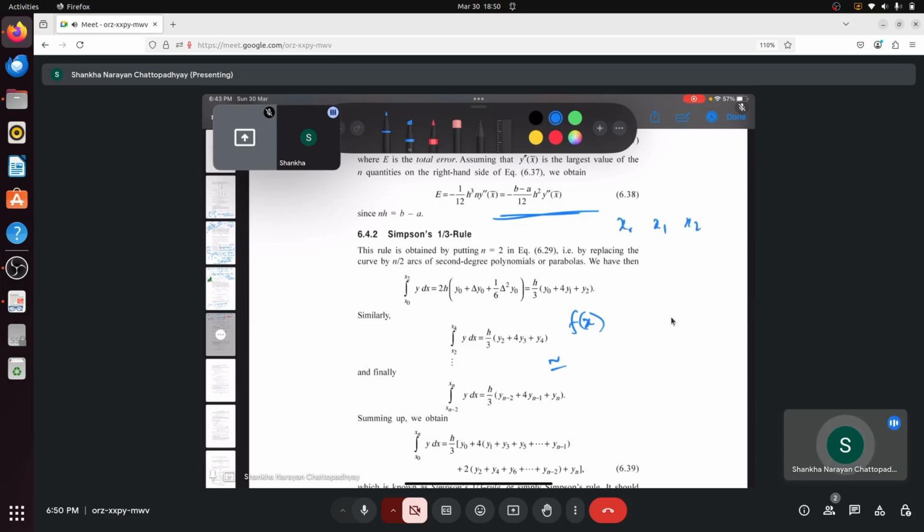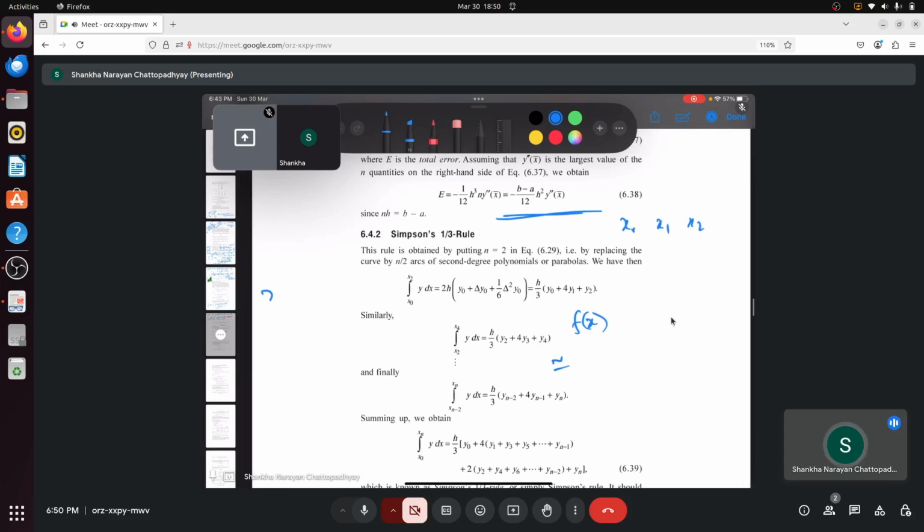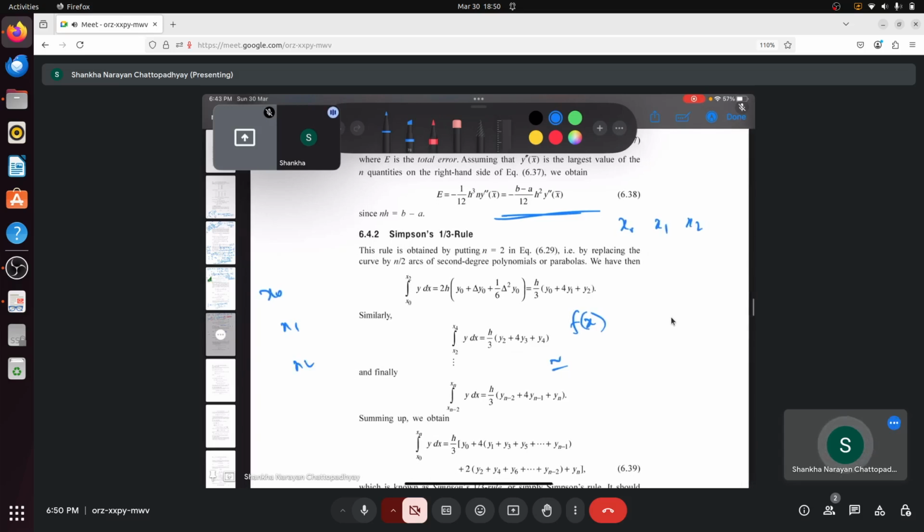That is how you can construct y0, y1, y2, by putting them into the functional form of f(x). You calculate delta y0, delta y1 and delta square y0.